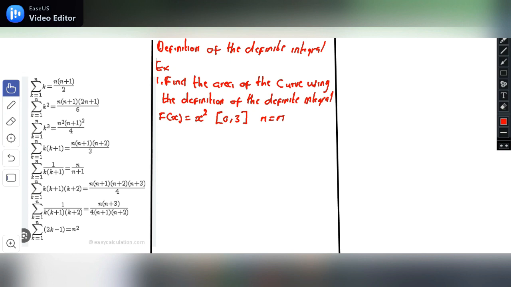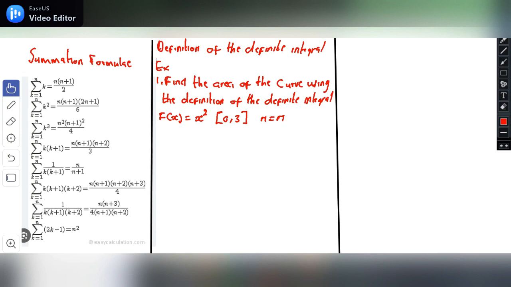So before we can solve this, let's talk about these formulas here, which are well known as the summation formulae, right? This is the summation formulae. We are going to talk about them whenever we're dealing with this first example.